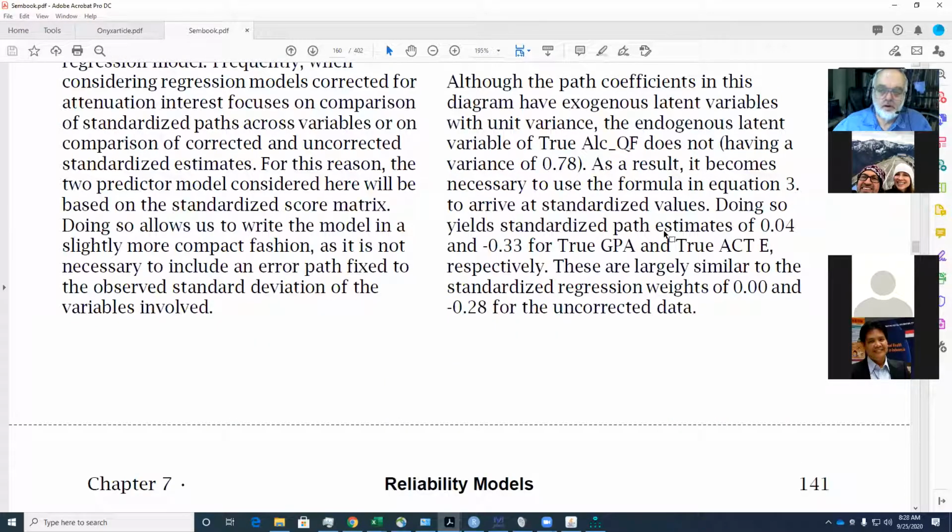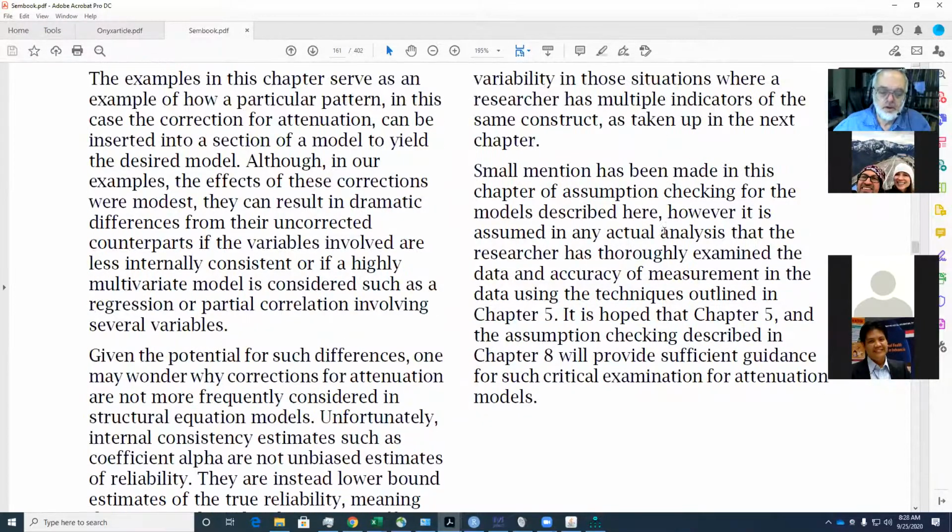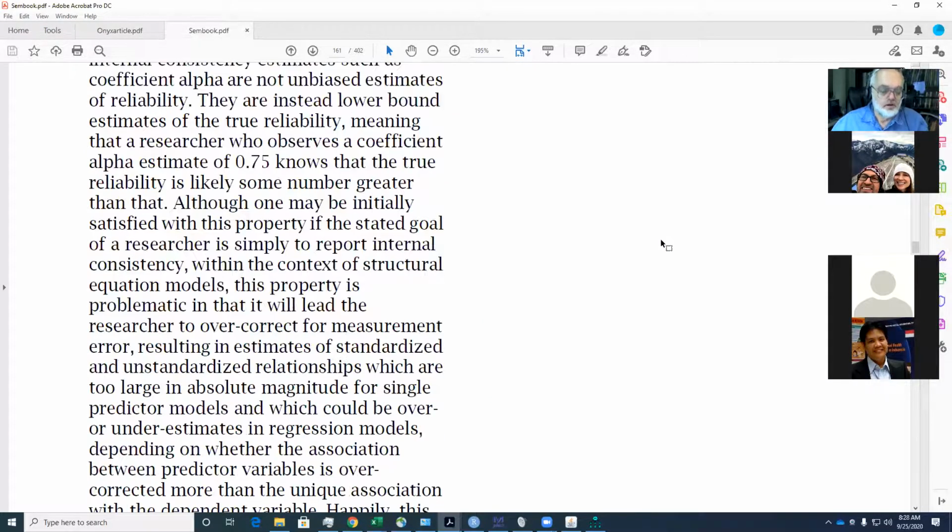So I want to take any questions that are present, but I now want to pull the rug out from under you about the relative value of correcting for attenuation. In summary, we correct for attenuation in structural equation models when we can't do anything else.